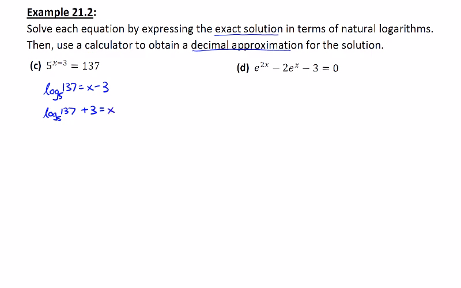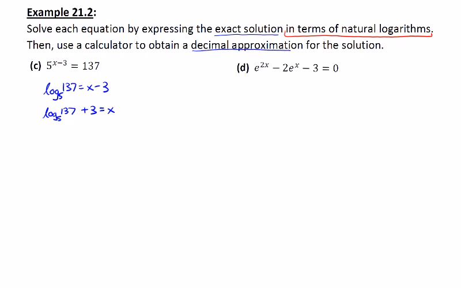Now, one of the details in the instruction says express the exact solution in terms of natural logarithms. The reason I would do such a thing is because log base 5 is not one of our frequently used logarithms. Those would be the common log and the natural log, and those are the two that are programmed into most every scientific calculator.